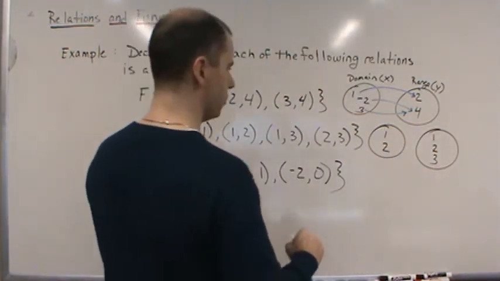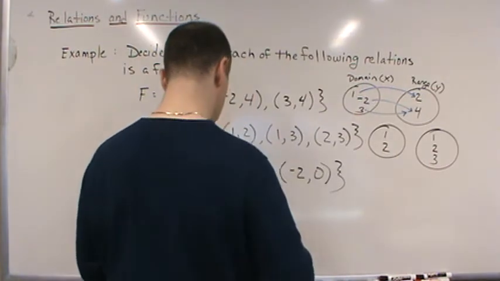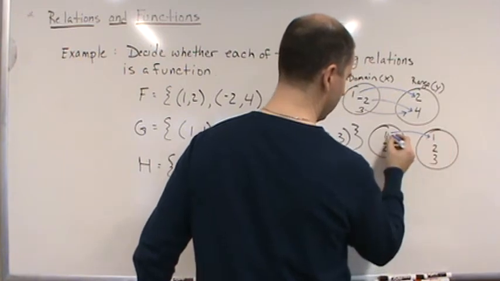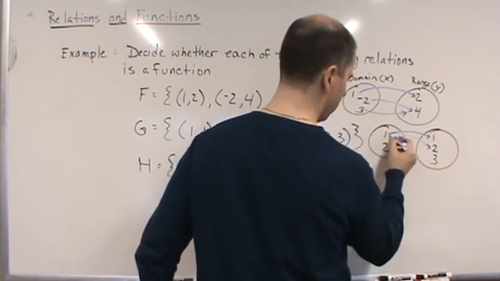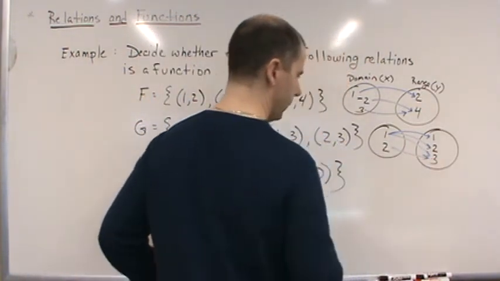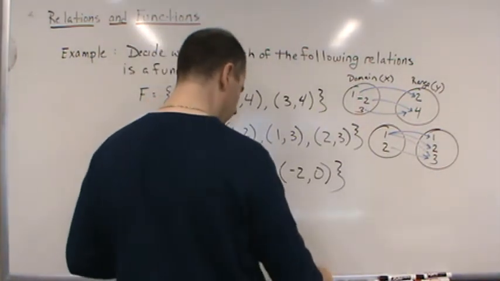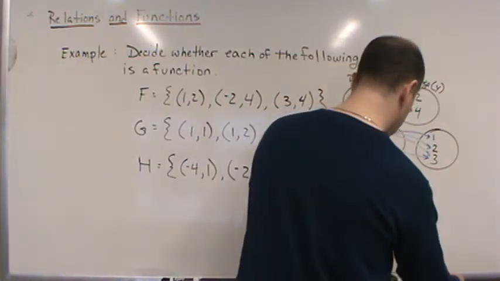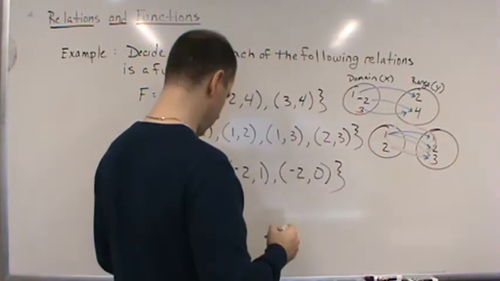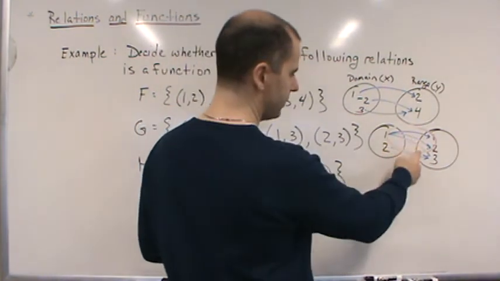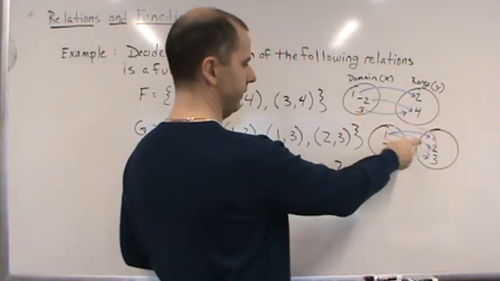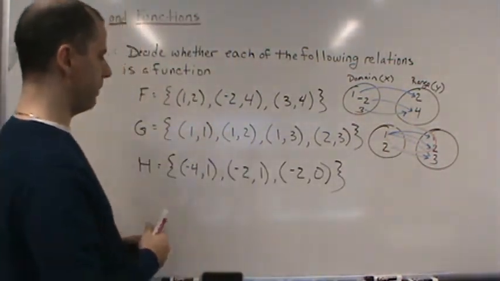So now 1 goes to 1, 2, and 3, and then 2 goes to 3. Okay, now this is what violates being a function. This is okay, this is not. So it's a relation, but this is not a function.